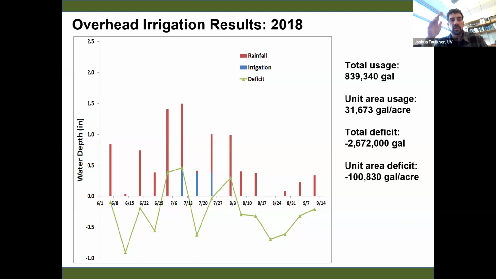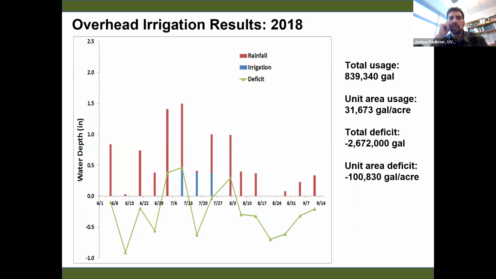And when the green line is above the x-axis, it means we have a water surplus. And then the red bars and the blue bars are rainfall and irrigation additions. And the deficit is really calculated through evapotranspiration calculations. We had some tools out there to measure evapotranspiration, or what amount of soil water the plants are actually using.